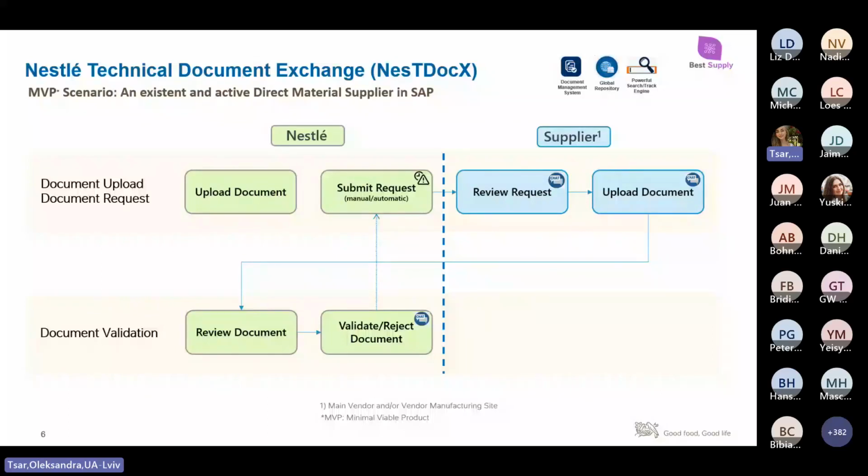So if everything is okay about the documentation that we received, we can validate, and this would then generate the uploaded documentation in our global repository inside the portal, and it will be available for other Nestle Supply Portal users. But if there are some doubts, if there is a need for some rework to be done, clarification, we have from our side the possibility to reject it, to send it back for rework to you with the same request within Nestle Supply Portal with our comments and notes.